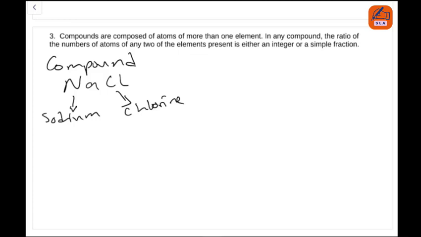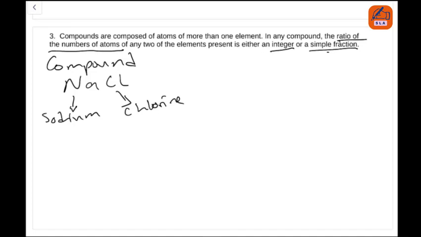And in any compound, the ratio of the number of atoms of any two of the elements present is either an integer or a simple fraction. Now here, key. The keywords are that the ratio of the number of atoms has to be an integer or a simple fraction. So what is a ratio?